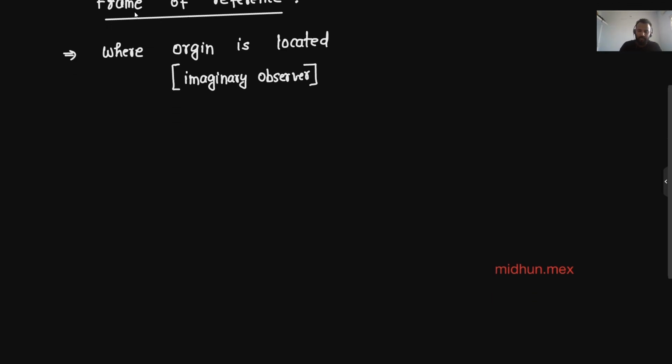Now let us see one idea to understand this. Let us say this is a road. One road is like this. On this road, one person is standing.